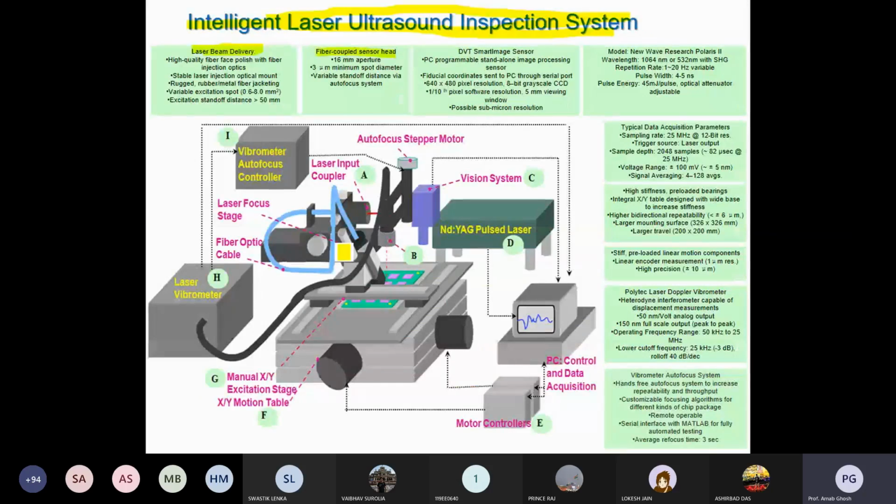Then DVT, digital voltage and smartness, and smart image sensors, with different models and polarized positions discussed in those segments. Then autofocus, taper motor, laser input coupler and the vision system, all automated. Examples include motor controllers, PC control and data acquisition, manual excitation stage, and fiber optic cable.